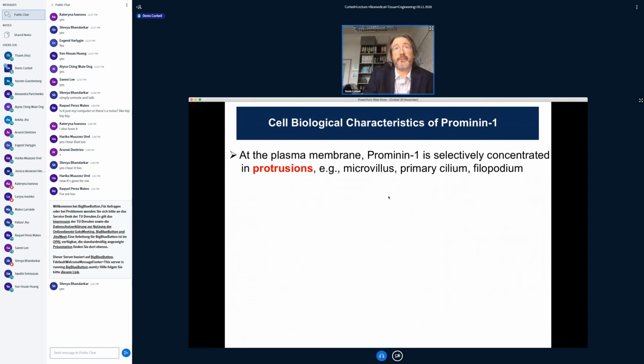And these structures are, for instance, the microvilli, the primary cilium, or others like filopodia. When you have a migrating fibroblast, they will make a lot of filopodia at the front, and this molecule is highly concentrated there. Are you familiar with these structures, microvilli, primary cilium, filopodia, or is it the first time you listen to that?